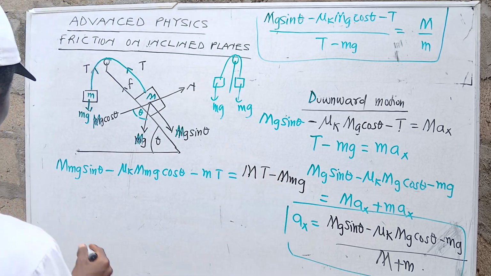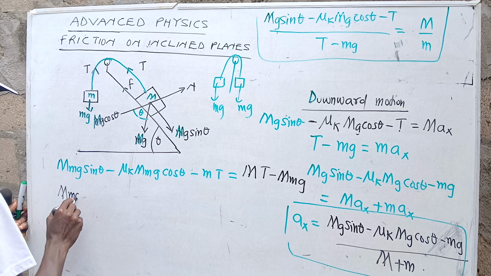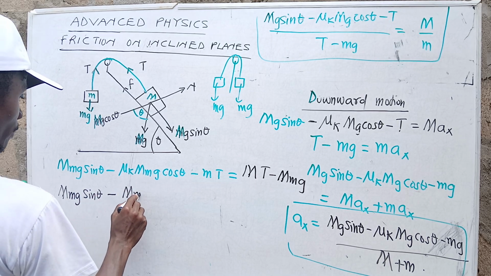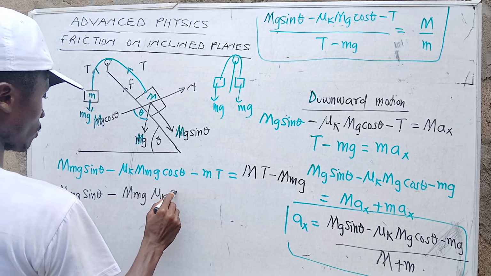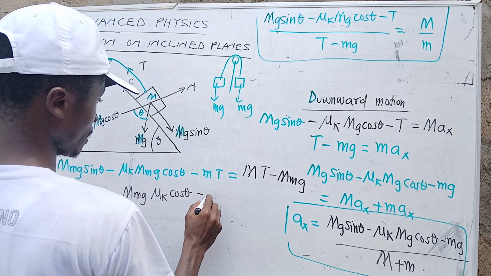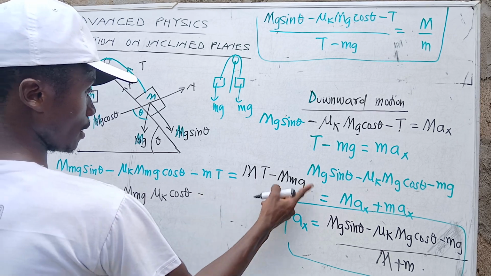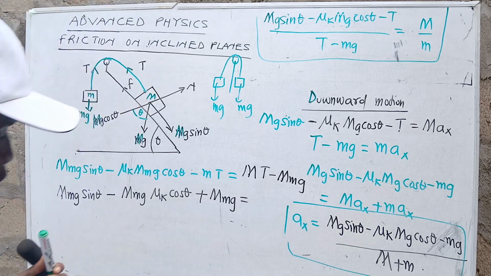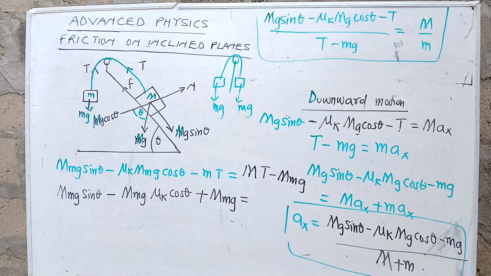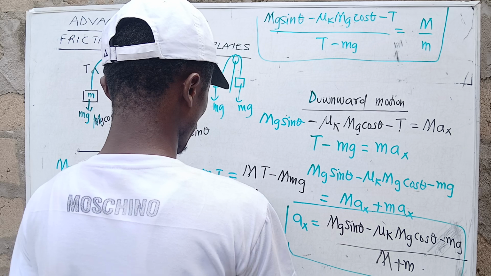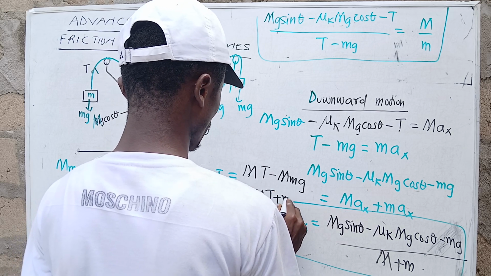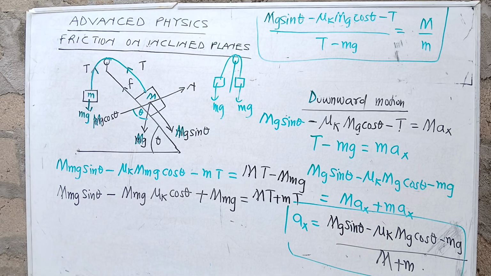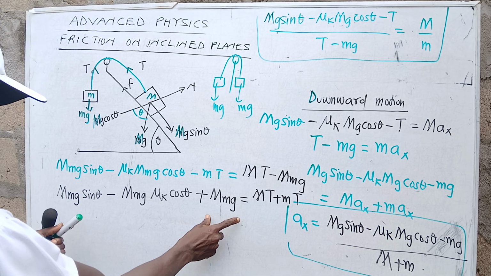Grouping like terms, we have capital M small m g sine of theta minus capital M small m g mu k cosine of theta, so plus capital M small m g, that will be equal to capital M T plus small m T. We just group like terms over here, and by so doing we can factorize.